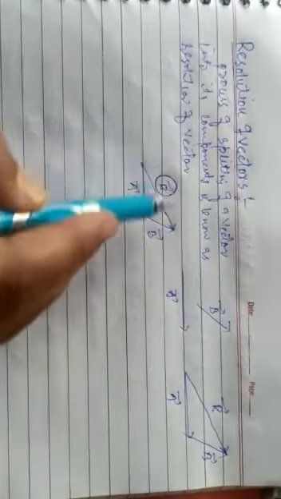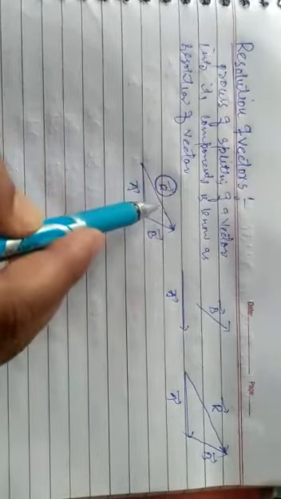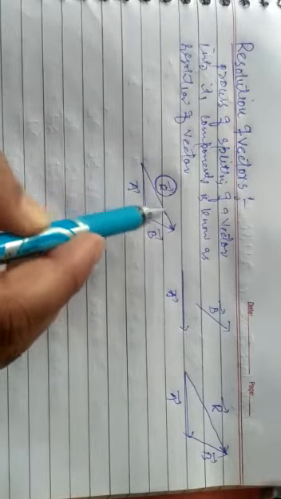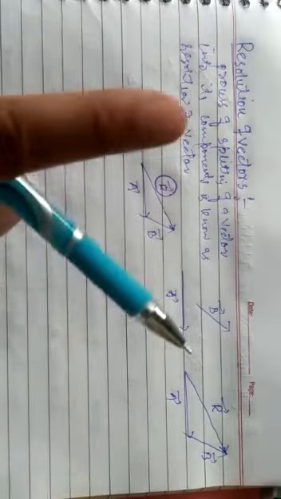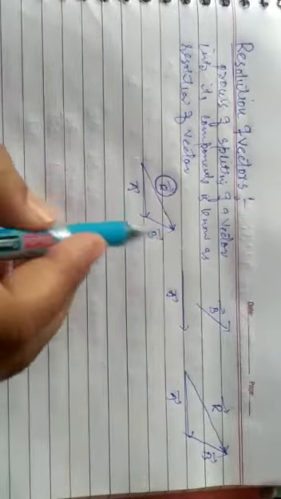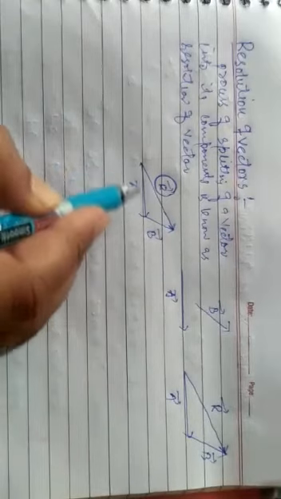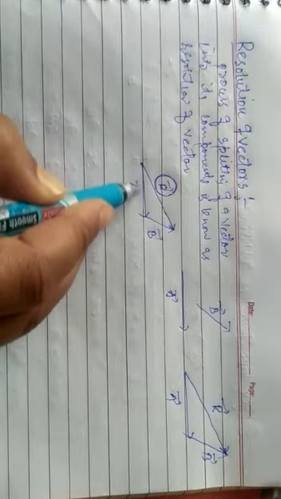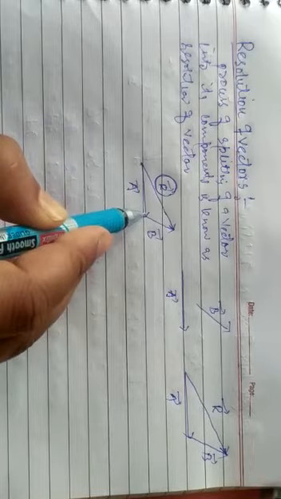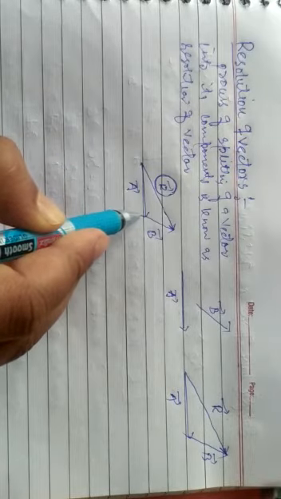So the process of splitting: we have to split a single vector into its components. Along this direction there will be only one component, there cannot be another. Up to this point, if you go again in this direction, your magnitude cannot change, neither can your direction.